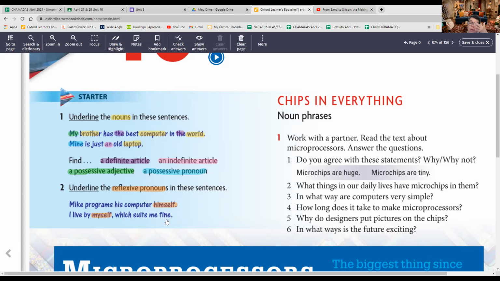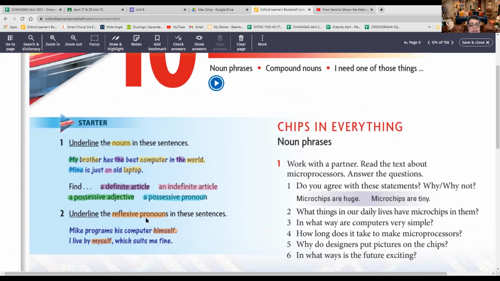Maybe if he has a question or two, but he programs himself. I live by myself, which suits me fine. So if you live alone, you can say that you live by yourself. For example, I don't live by myself. I live with my mother, my sister, okay? So I don't live by myself. So they are reflexive pronouns.